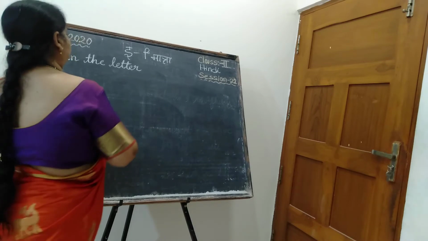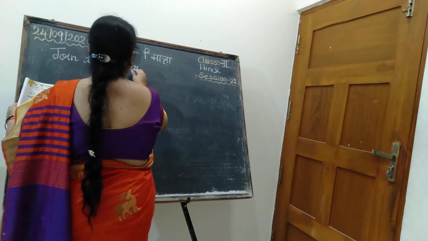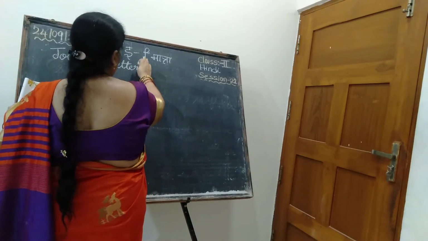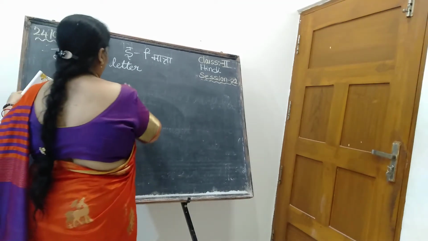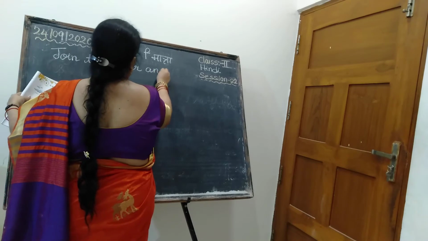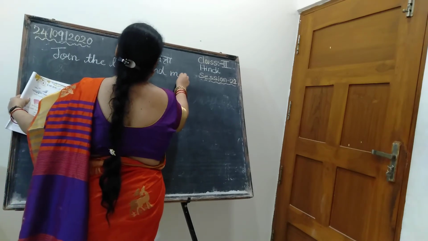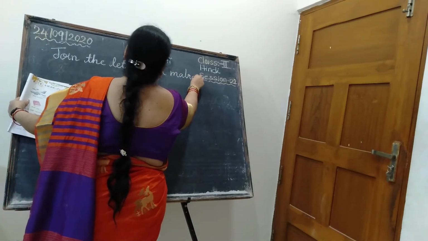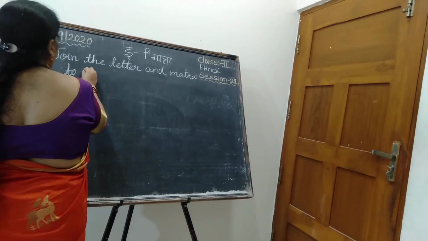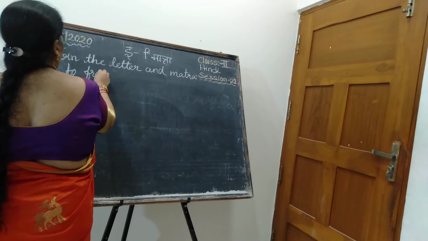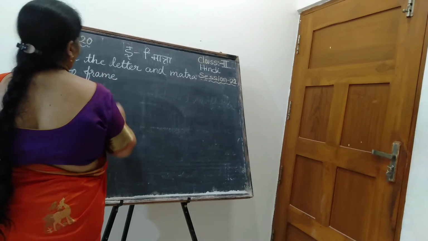Last year had you learned any matra? No. So you don't know how to write all those matra. Okay, because now only we step on to choti ki matra. Join the letter and matra to frame a word. Why? Because to frame a word. Why am I giving this heading in English?